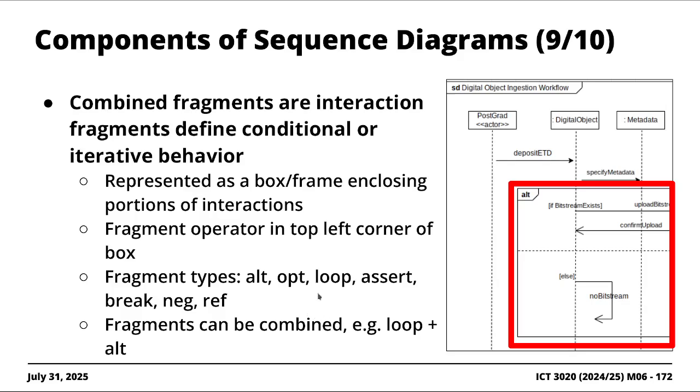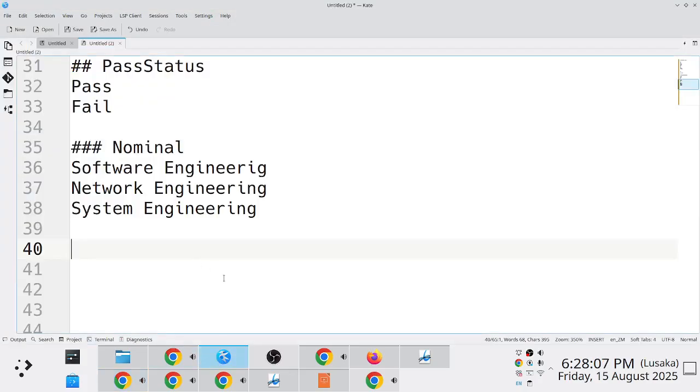And then you have the loop. You know what this is here. You're performing some sort of iteration, right? And typically when you have a loop operation here, a guard will specify the loop condition or the iteration count. In other words, instead of alt, you'd have loop, like a for loop, with a guard.